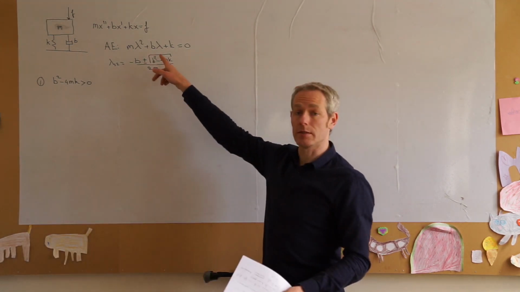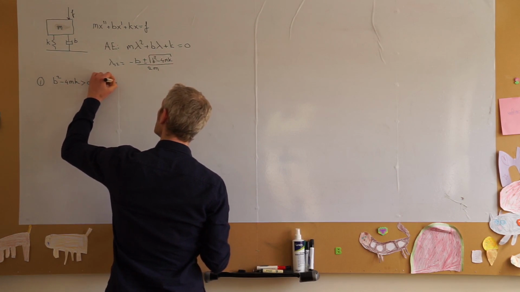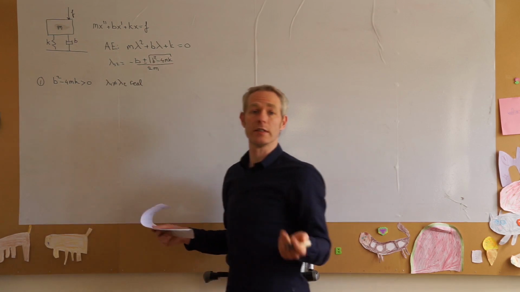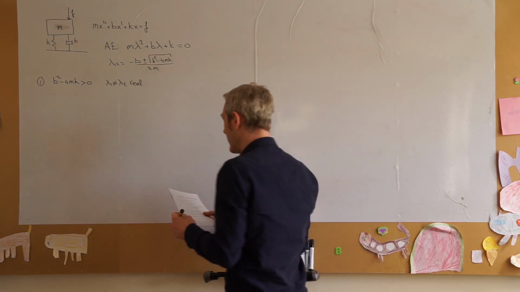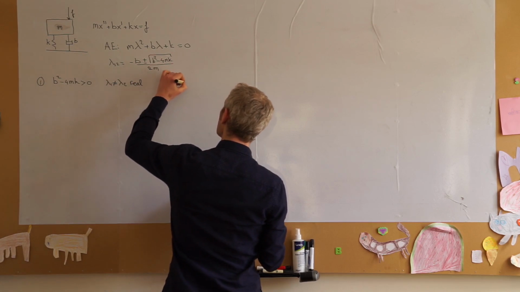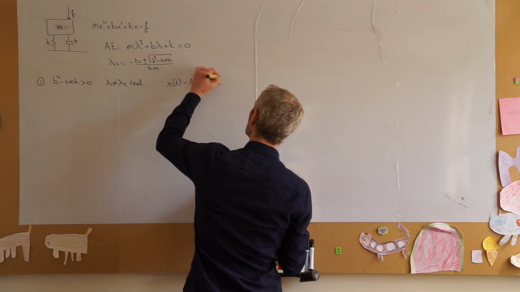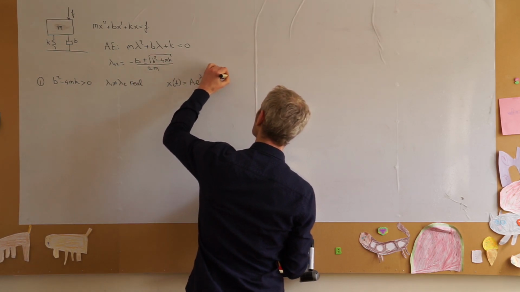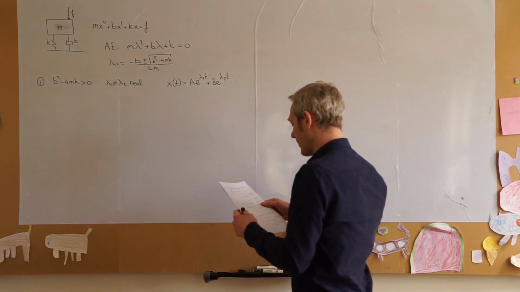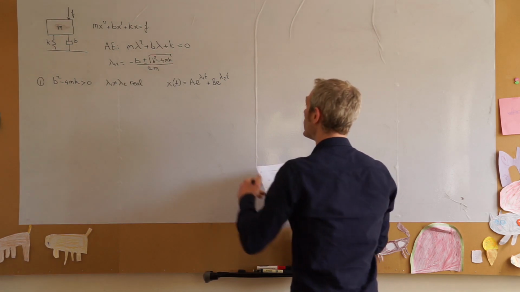Then this root is positive, and we know we get two roots which are not equal to each other, and they are real values, so these are not complex numbers, and the solution looked a bit like x(t) is a e to the power of lambda 1 t plus b e to the power of lambda 2 t. And we called this situation overdamped.